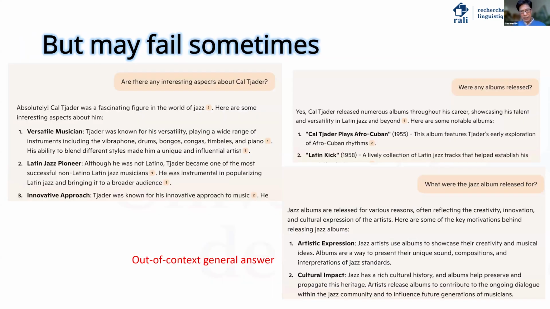Now, what are some other examples? Suppose that I start with, are there any interesting aspect about the cow gender? And this is Jasmine, and New Bing can find the relevant documents and make a summary about that. And the second question is, were any albums released?